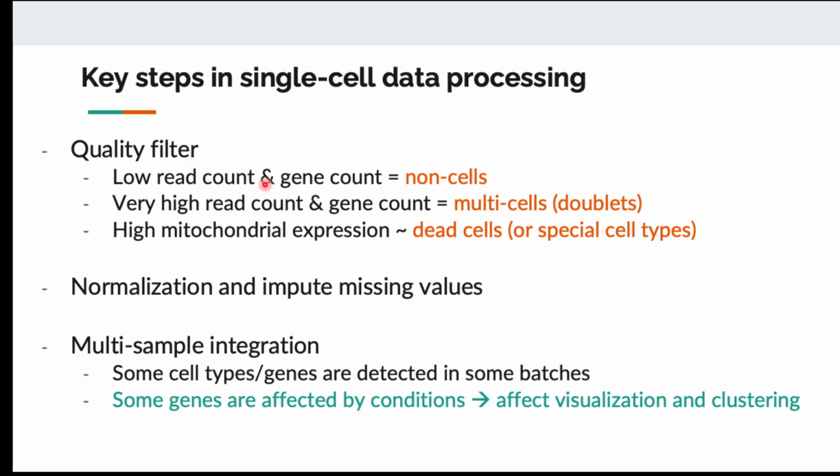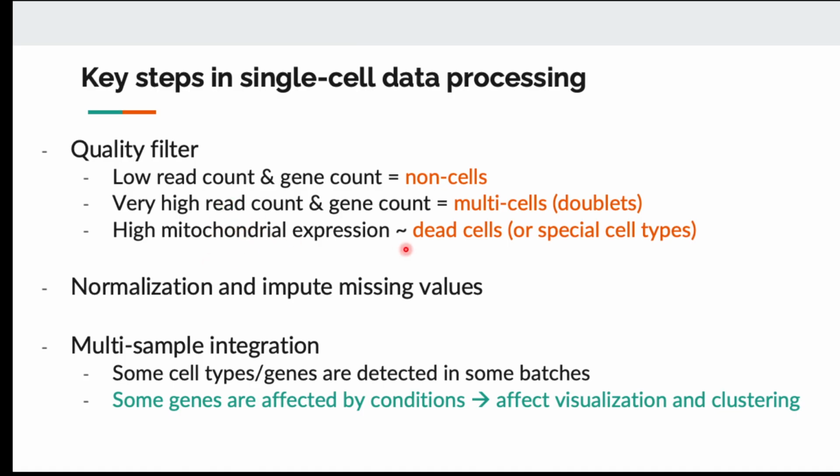If there is a droplet and there is no cell in it, you're not going to get many read counts with that cell barcode, because inside that cell barcode, there are no RNA molecules. You're going to get low read count and low gene count when you have no cells. And if you have more than one cell inside the droplet, because you have more RNA material, you're going to detect more genes. You're going to get more read count. So you can use this basic information to try to discriminate what is my actual data from cells, and what is my noise.